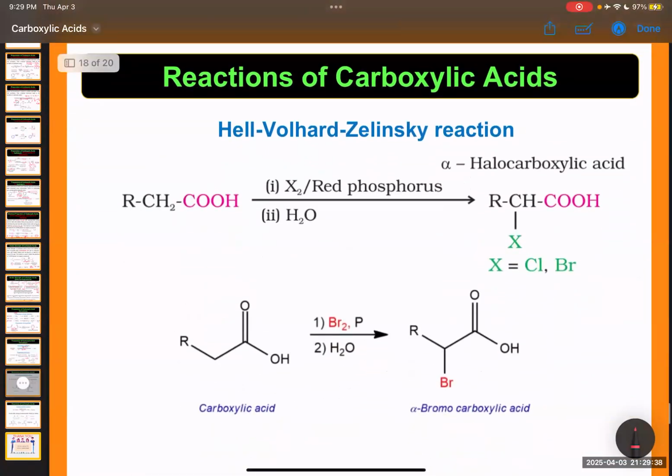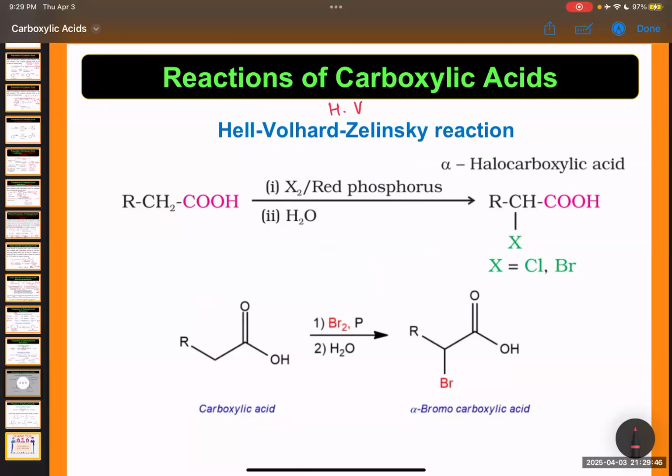Next reaction, this is very, very important, a very common reaction. That is from your NCERT only, that is HVZ. This is the Hell-Volhard-Zelinsky reaction, and it is basically halogenation at the alpha carbon.